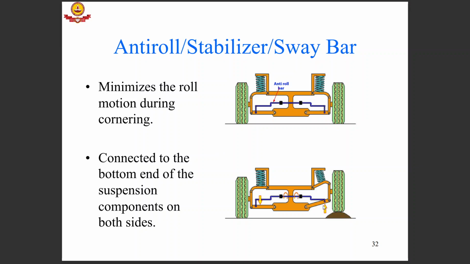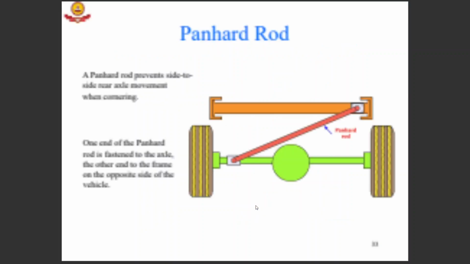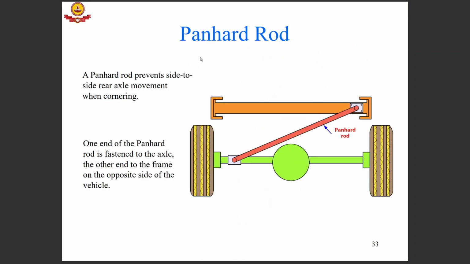So if this is the anti-roll bar, this motion causes twisting in this, which results in some holding force on this side. Second is a panhard rod, which prevents side to side rear axle movement when cornering. One end of it is fastened to the axle and the other is fastened on the opposite side to the vehicle.